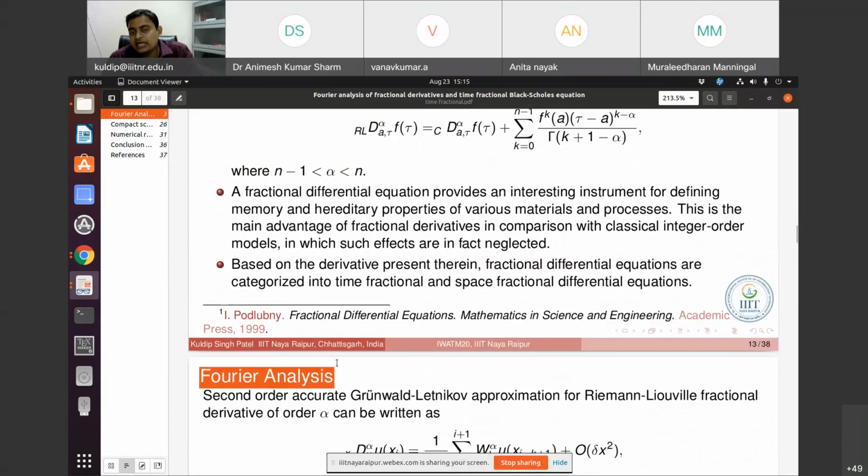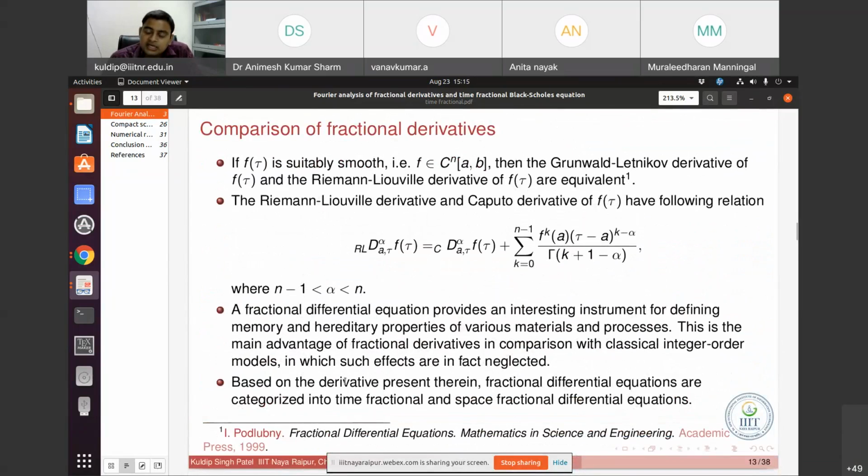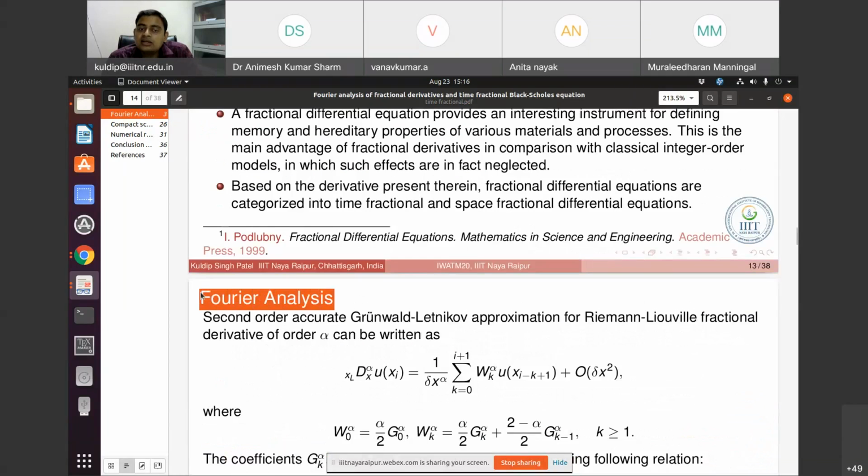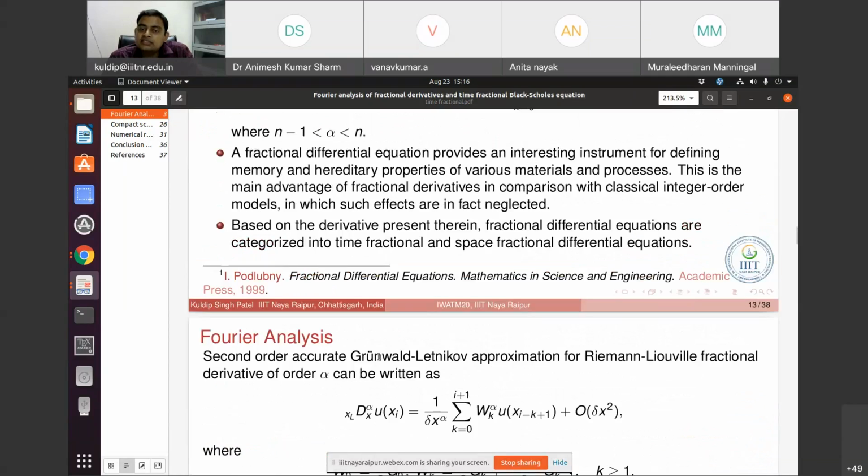If someone has a convection dominated fractional problem, I'm pretty sure we have not explored it, because I completed my PhD and then moved on. So one can take this as a research problem. I'll be discussing a little later that for the first time we discussed the Fourier analysis, the modified wave number analysis, for fractional derivatives.